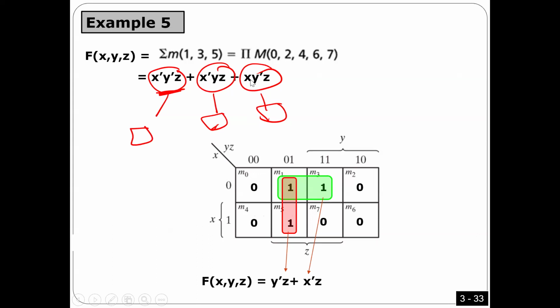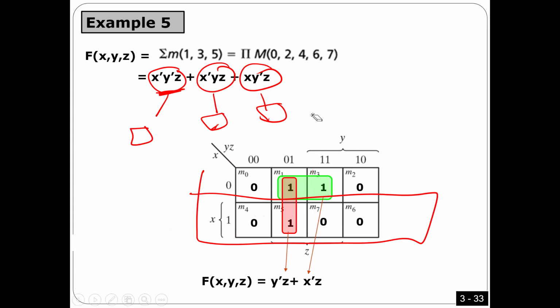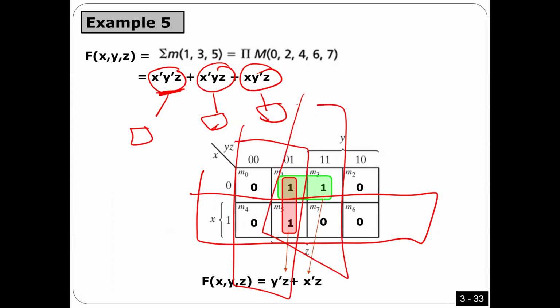Okay, let's look at the intersection of x and y prime, and z. If you see the intersection between all of them, it should give you this one. Okay. This is one way to do it.